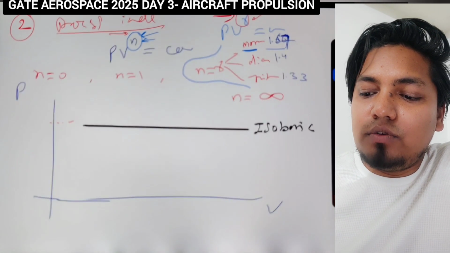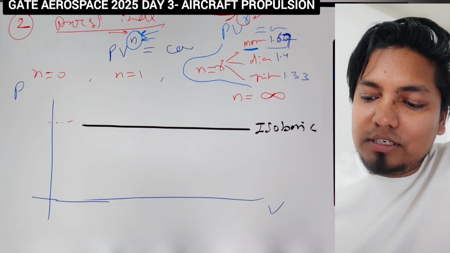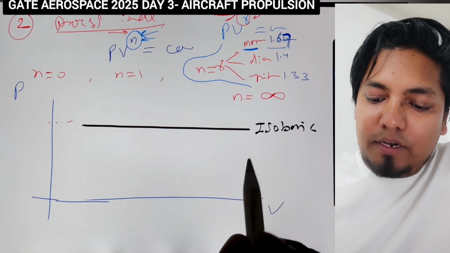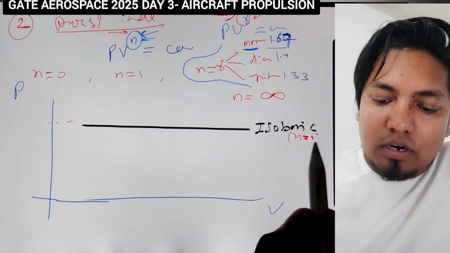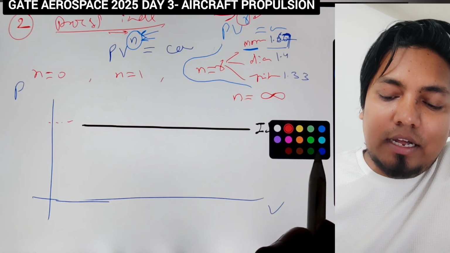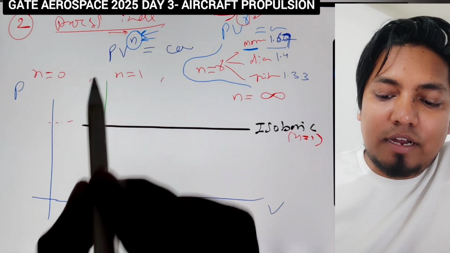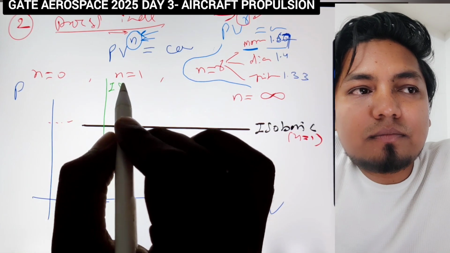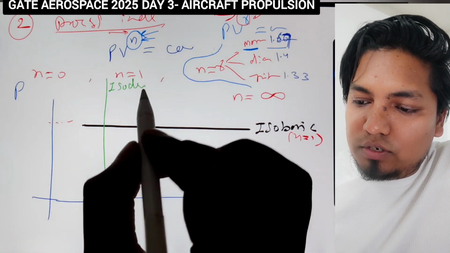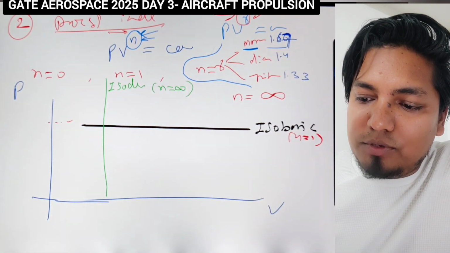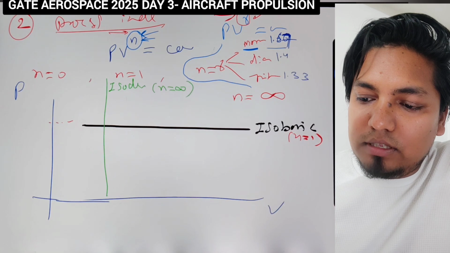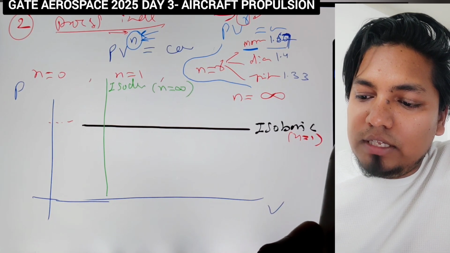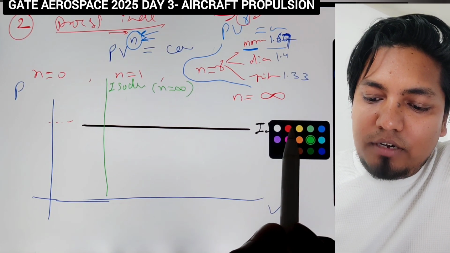Here n value is equal to 0. And a vertical line, if you draw like this, this is called isochoric. And in isochoric, your n value becomes infinite.